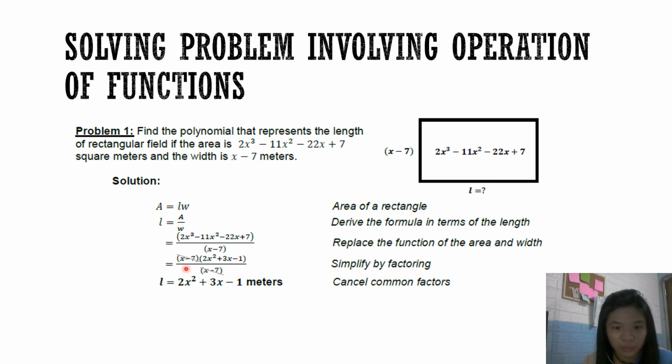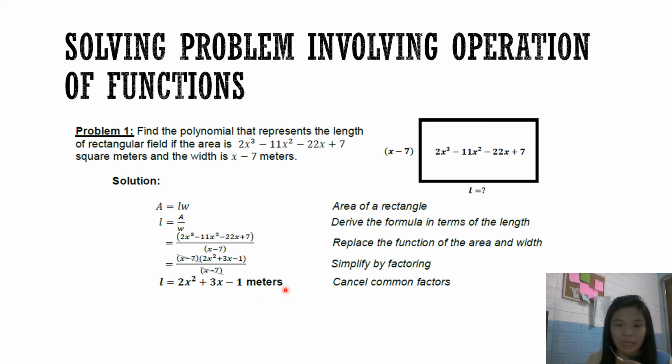So, we can cancel na, di ba? X minus 7 and x minus 7, this becomes 1, and x minus 7 in the denominator becomes also 1. So, 1 times 2x squared plus 3x minus 1 is 2x squared plus 3x minus 1 over 1, or 2x squared plus 3x minus 1 meters.